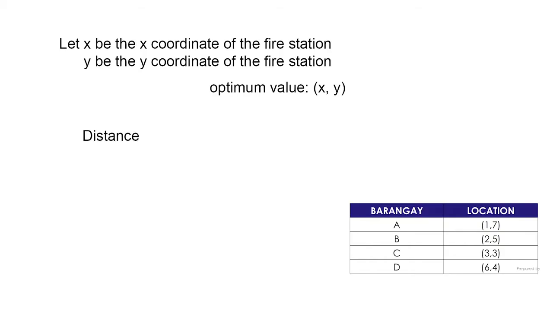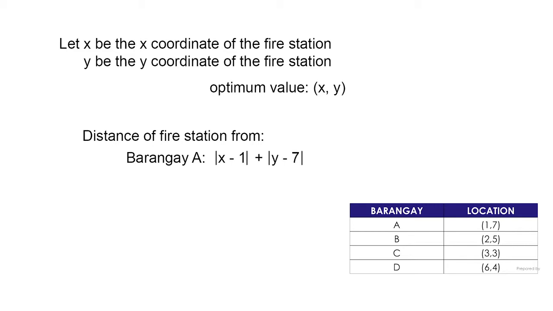Therefore, we note that the distance of the fire station from barangay A will be given as the absolute value of x minus 1, where 1 is the x coordinate of barangay A, plus the absolute value of y minus 7. The distance from barangay B will be given by the absolute value of x minus 2 plus the absolute value of y minus 5.